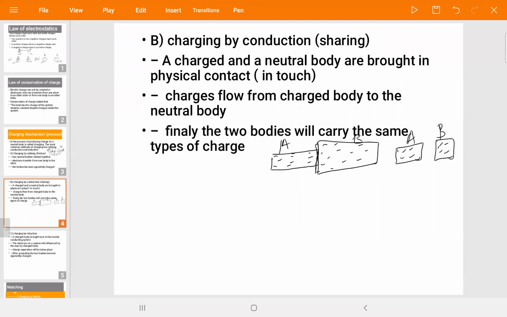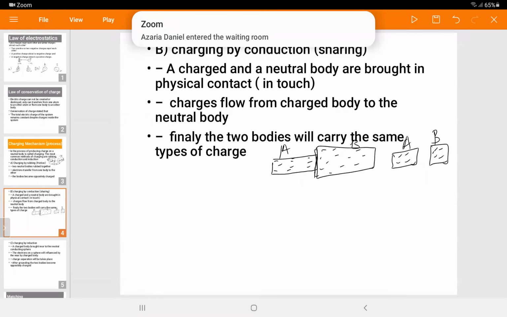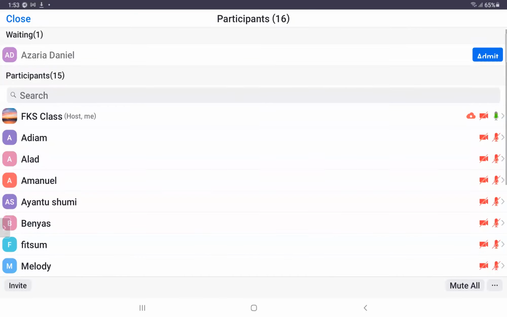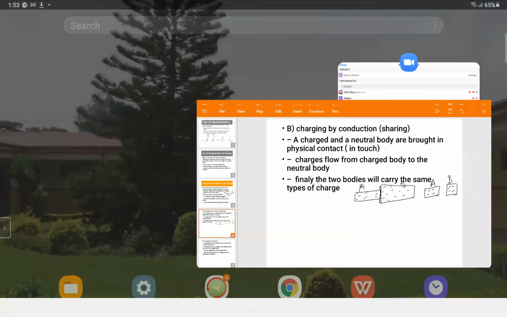So for this conduction process, one body needs to be charged and the other body can be neutral. And then the two bodies have to be brought to each other just to be in physical contact, or in touch with each other. Then after being in physical contact, there will be an exchange of electrons or charge.